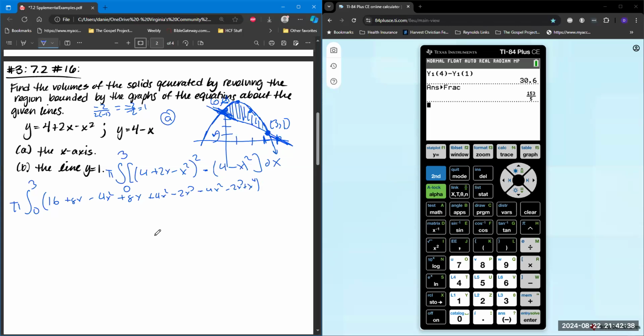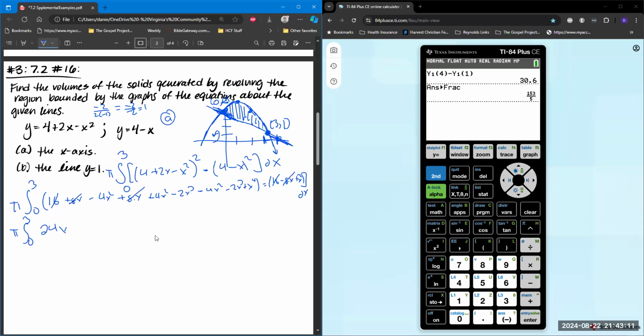Then we have minus 16 minus 8x plus x squared dx. Pi 0 to 3. 16 minus 16 is 0. 8x and 8x is 16x plus another 8x is 24x.